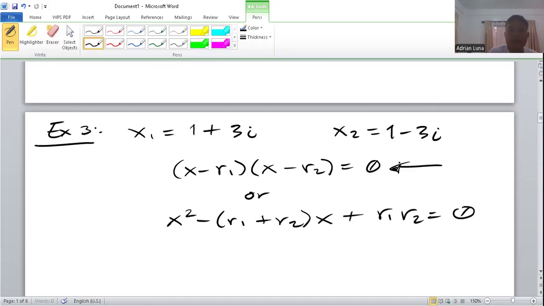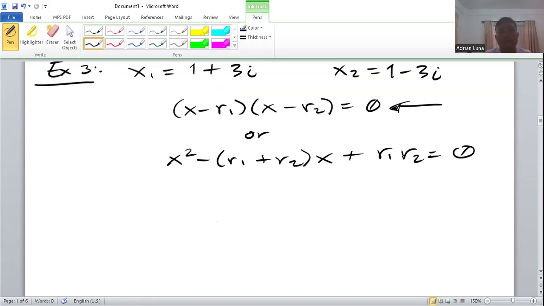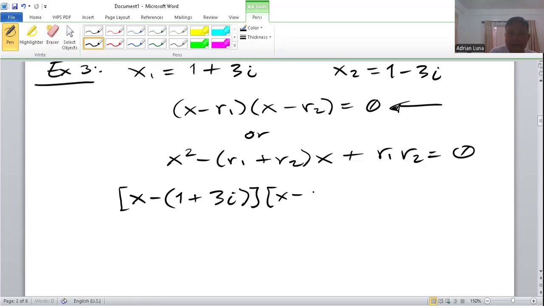For this example, ito muna yung gamitin natin. So that would be x minus the quantity of R1 or x of 1, that would be 1 plus 3i times x minus 1 minus 3i equals 0.